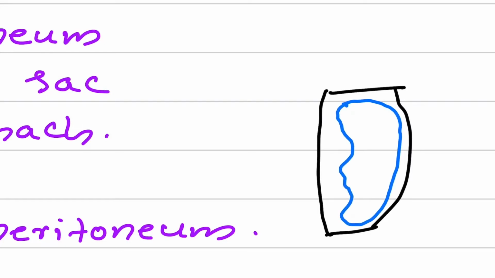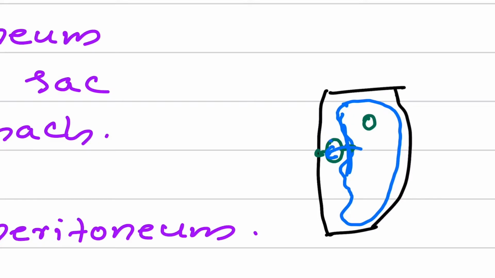So any organ which is present inside this peritoneum is intraperitoneal. If some organ is present here, according to this organ, this is its anterior. Anteriorly we have peritoneum, but posteriorly there is no peritoneum. So this organ is situated, when compared to this peritoneum, behind the peritoneum.